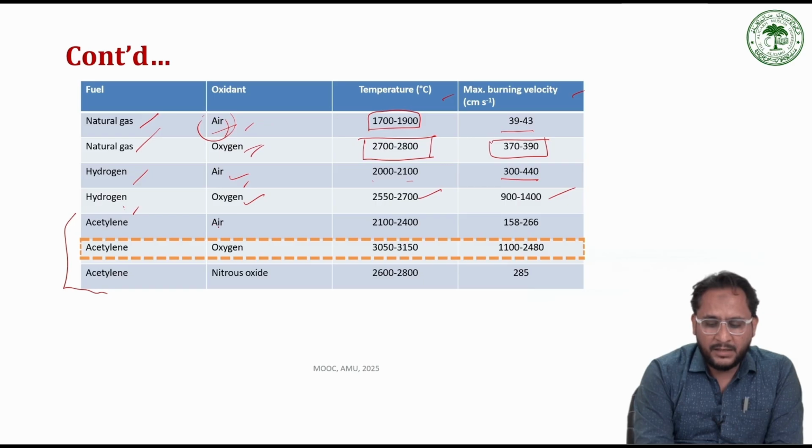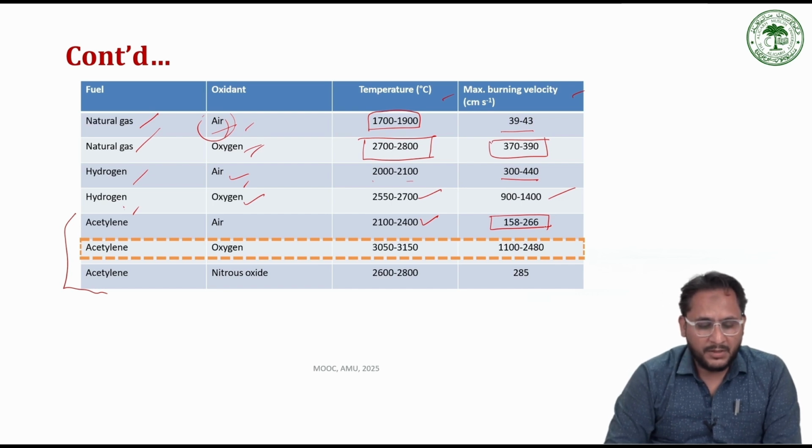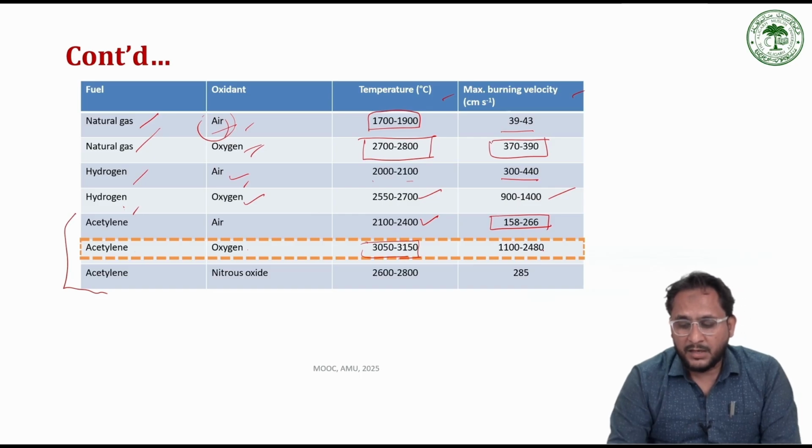With acetylene and air, we can go up to 2400 degrees centigrade, but the burning velocity is low. But if acetylene gas is taken as a fuel along with oxygen gas as an oxidant, we can achieve temperatures of around 3000 degrees Celsius, and you can see the burning velocity is also very high.